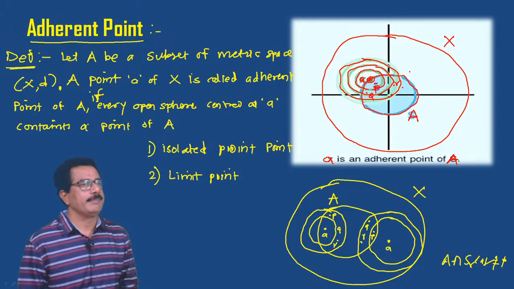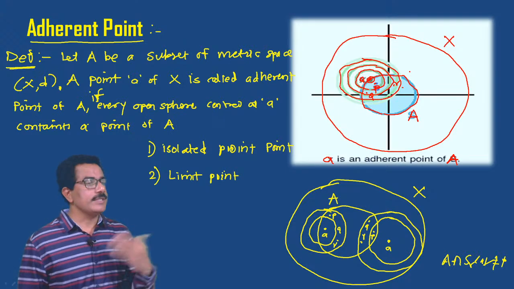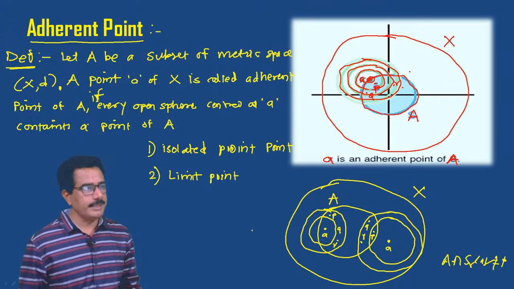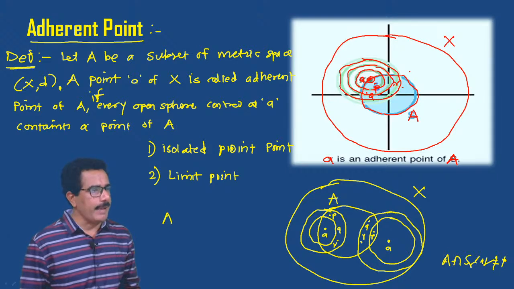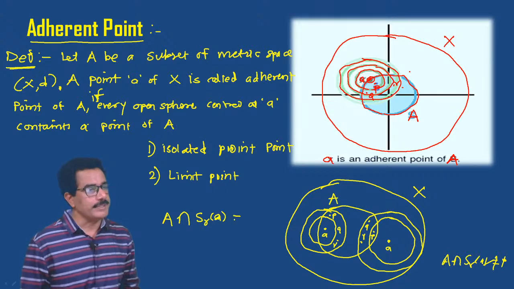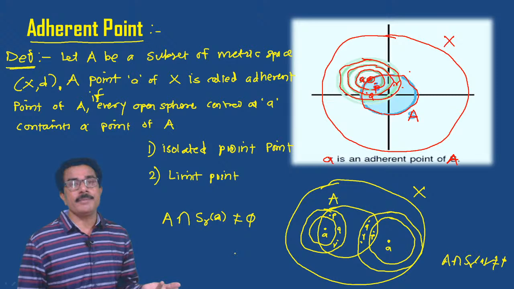Okay, what is meant by isolated point, what is meant by limit point? इथं महत्वाची कंडिशन काय असणार आहे पहा, that is capital A intersection S_r of a, open sphere centered at a, radius r, which is not equal to phi. Empty नसायला पाहिजे. मग हा रियल लाईन तुम्ही घेतला तर होतं.